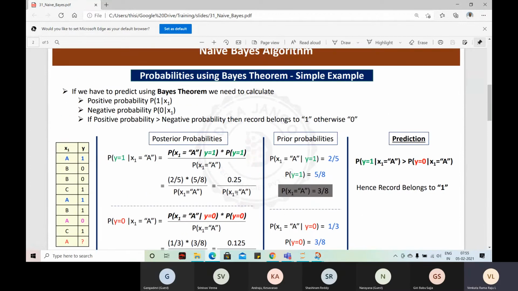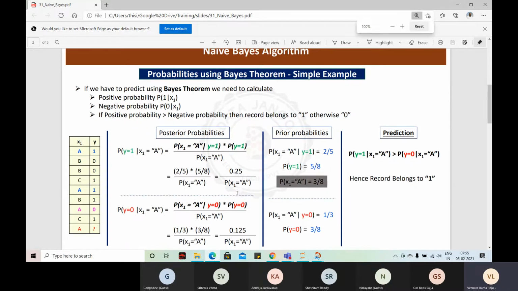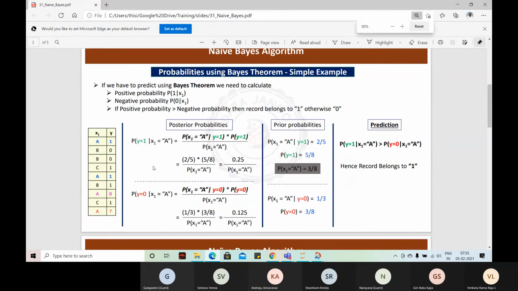I took a simple example to explain this. Here I have taken a simple data set: X1, only one column, and Y. If you have to predict whether a record belongs to 0 or 1 when A comes, we can calculate probability of 1 given x1 and probability of 0 given x1.